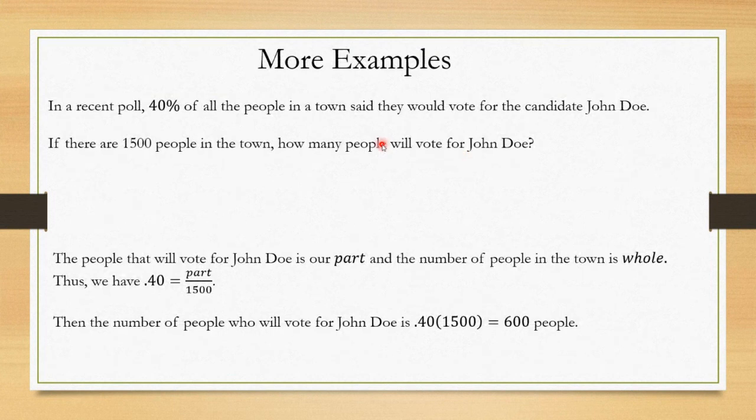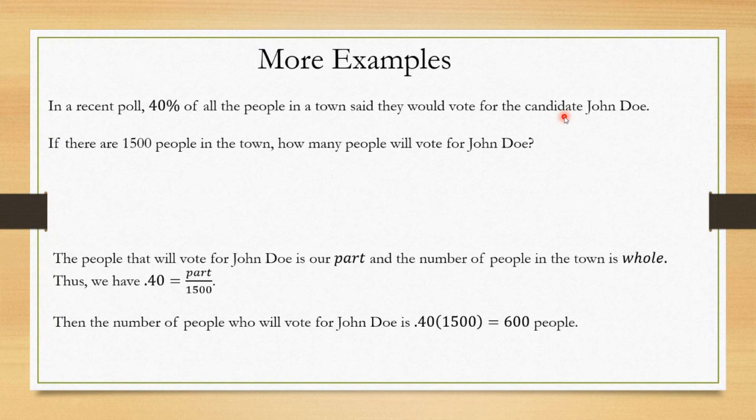Here's another example. Let's suppose we did a survey or a poll, that is, and we found that 40% of all the people in the town said they're going to vote for John Doe. These names I made up. So we know that 40% of the people said they would vote for John Doe.